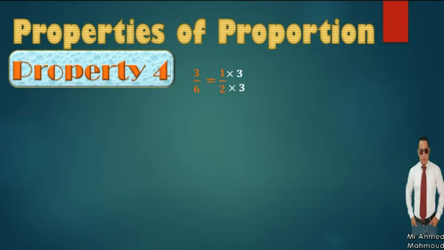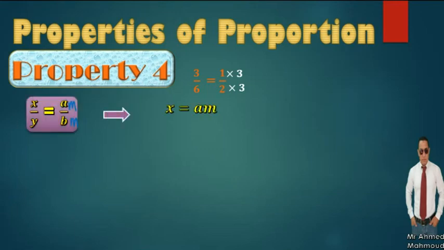Then, if we have a fraction like this, the first equals the first times a constant, and the second equals the second times a constant.